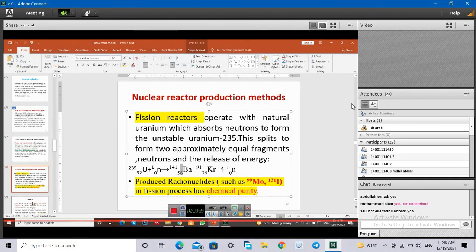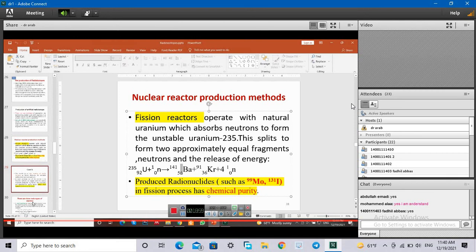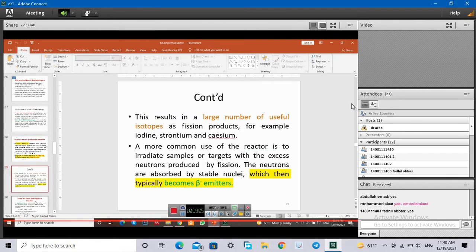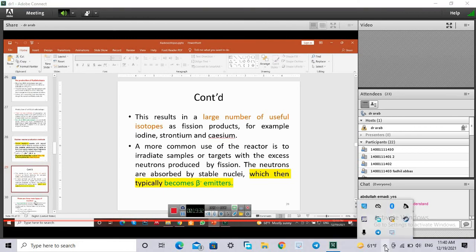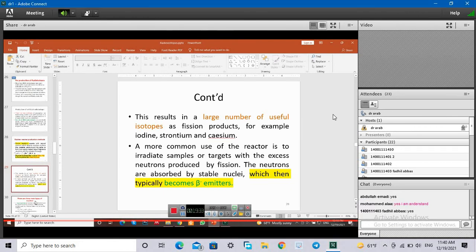That is very, very important for us. By this reaction, we have a large number of useful isotopes that can be used as radiodrugs, such as iodine and molybdenum that I mentioned in the last slide. And typically these radiodrugs emit beta particles that are very useful in therapeutic aid.